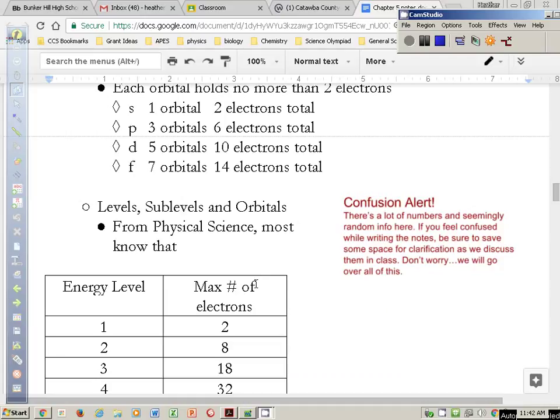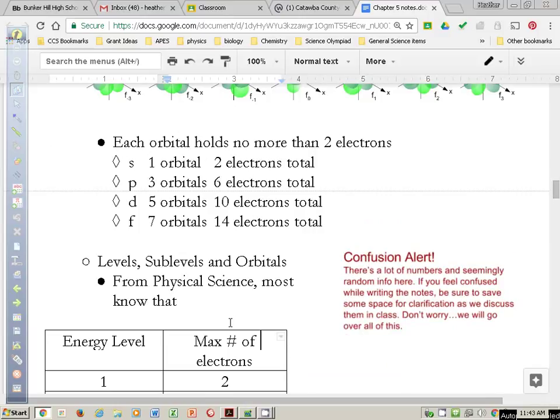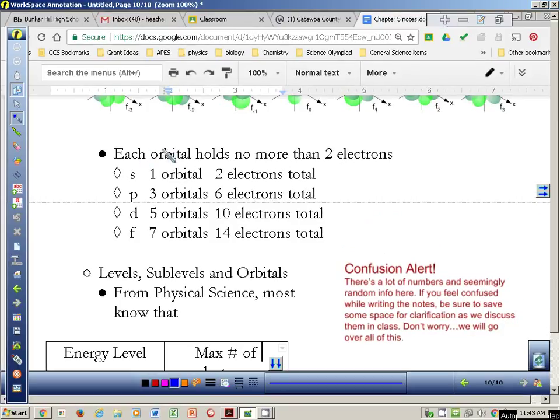So how you got that from middle school, the 2, the 8, the 18, and the 32, it comes from this up here. One of the things that you need to know is that orbitals can hold no more than what? 2 electrons. It doesn't say that it has to have 2, so they can have 1 or they can have none, but at most you can put 2 electrons in them.